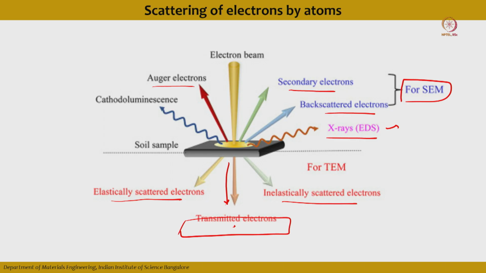Elastic scattering means that there is no energy loss. Inelastic scattering is where there is an energy loss. So, during interaction of the electron beam with the sample, there will be a certain energy loss, and that loss in energy can be converted to certain other secondary radiations. And we will discuss these radiations in detail in the subsequent slides.